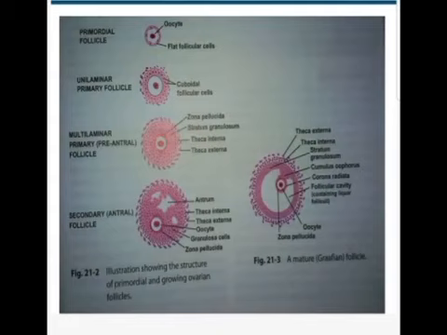So the ovarian follicle is a spherical structure containing an immature ovum, that is the oocyte, and this is surrounded by a number of epithelial cells. A connective tissue covering may also be present.